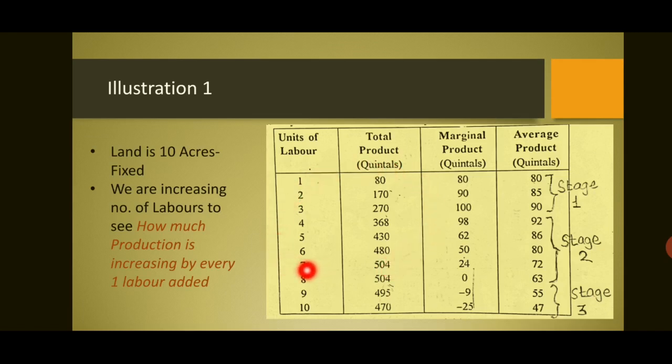Then we are going to add one more unit of labor. What happened in our production? There is no change in production. There is no benefit of adding one more unit of labor in production.